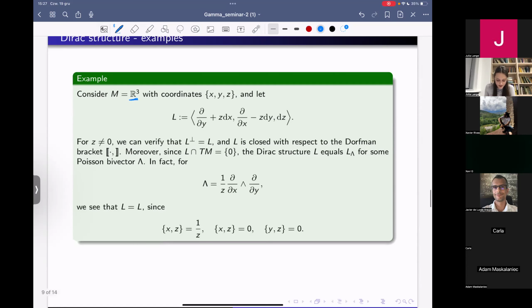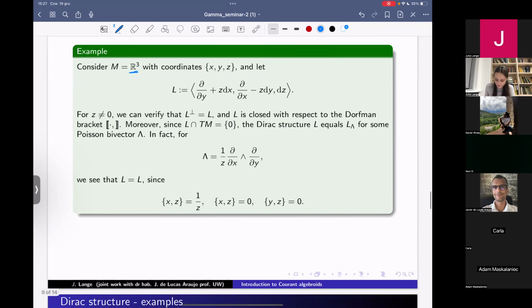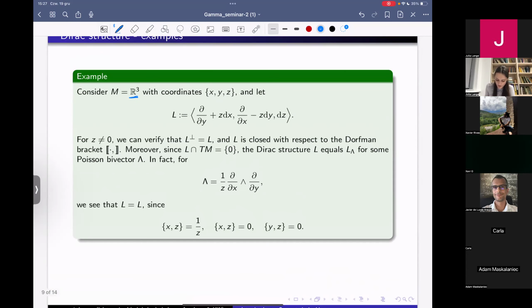We can verify that this bundle is indeed Lagrangian, and the sections of L are closed with respect to the brackets we defined before. We may also verify that the intersection of this bundle L with the cotangent space is equal to 0.